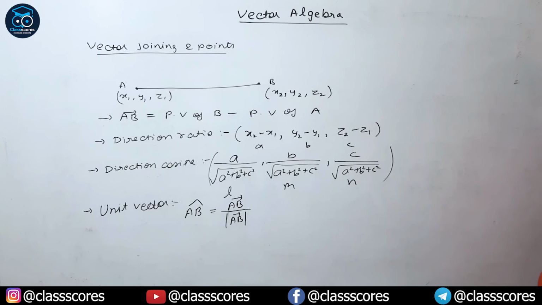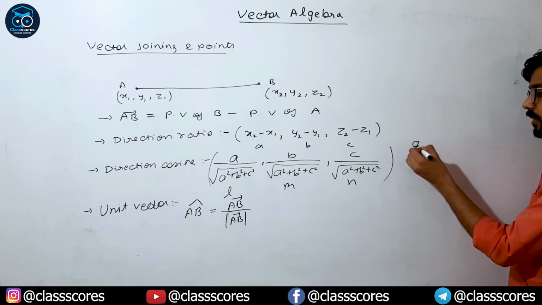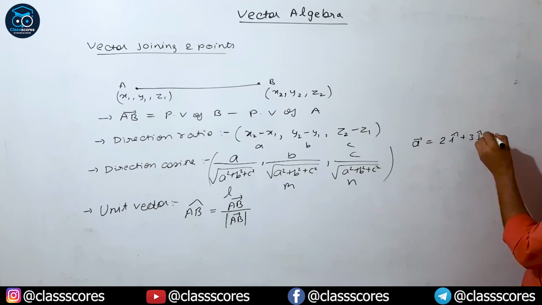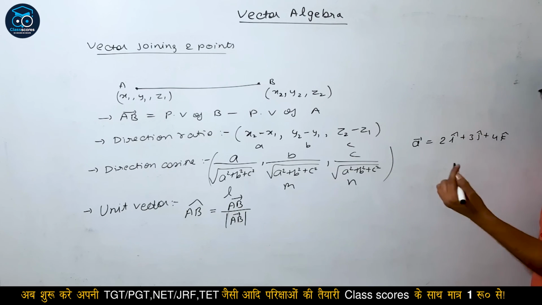Let's take an example, that is A vector 2i cap plus 3j cap plus 4k cap. We need to convert this vector into a unit vector. So what is a unit vector? Whose magnitude is 1.